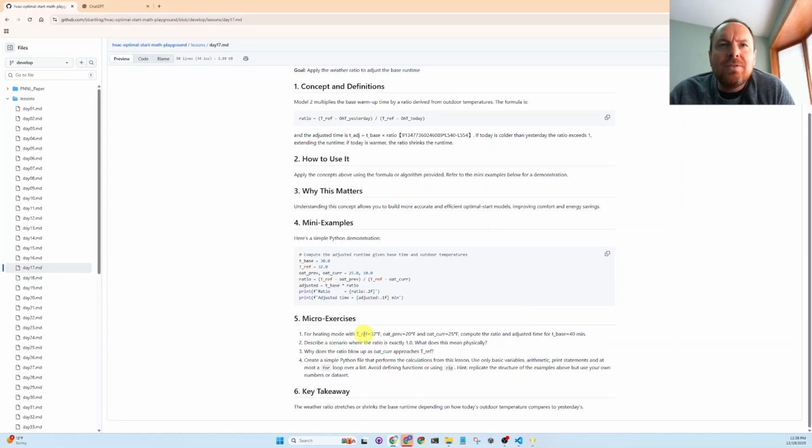For heating mode, Tref is that, outside air temperature is this. Compute the ratio. I think this is the exact same code base. Why does a ratio blow up as outside air temperature approaches Tref?